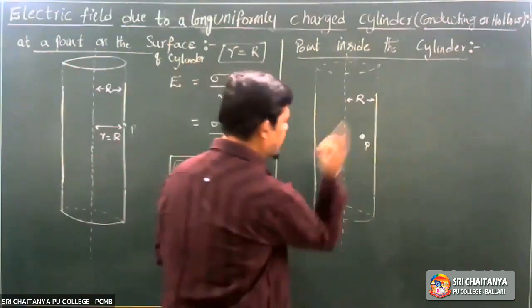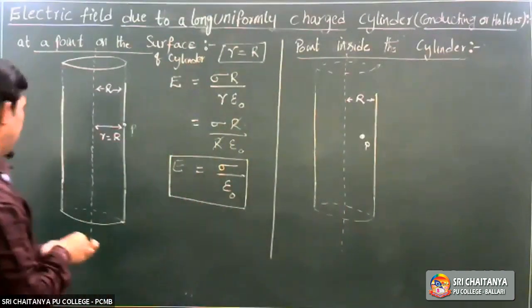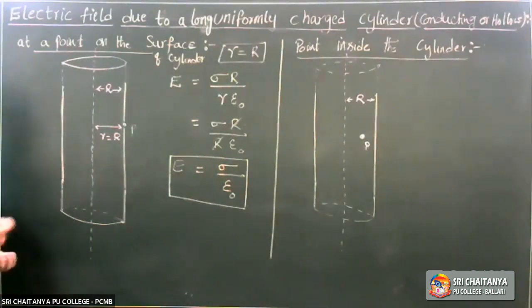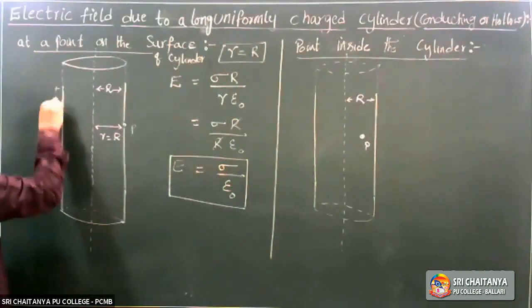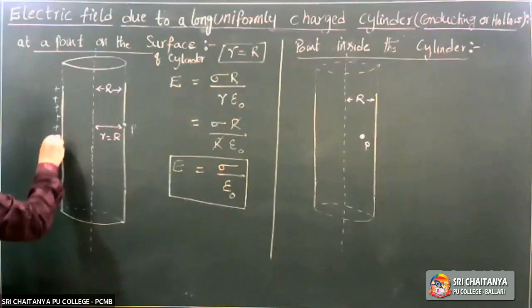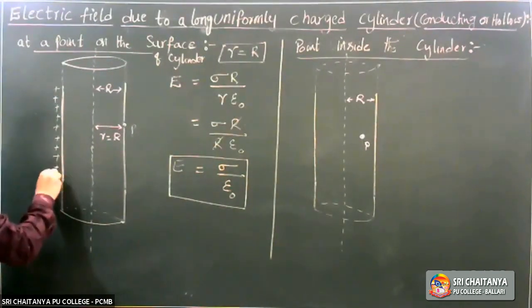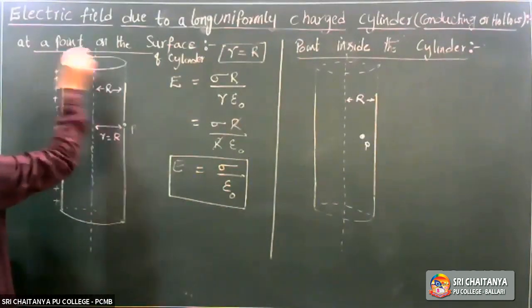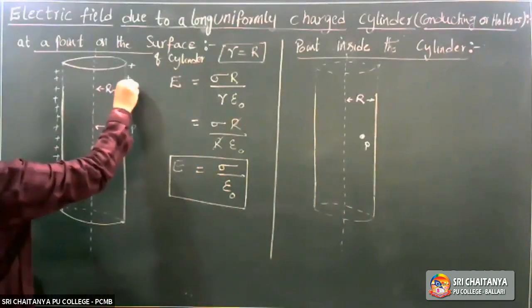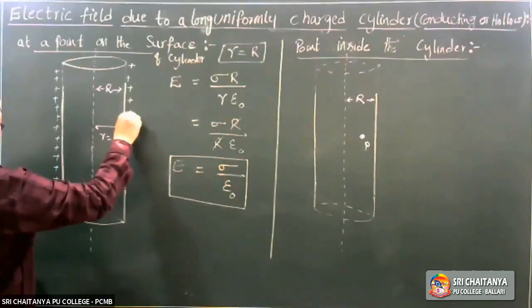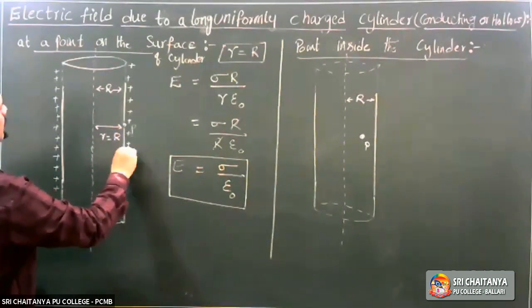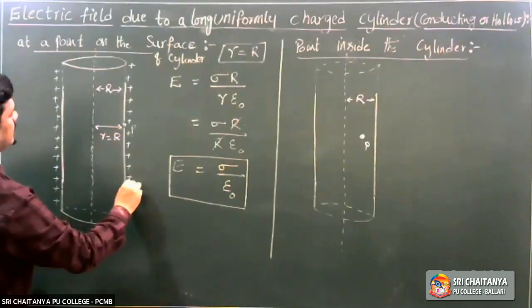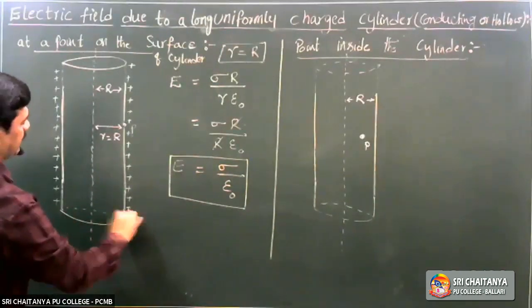If you take the point inside, whatever charge is given, the charge is distributed on the surface, right? Because the cylinder we took is a hollow or conducting cylinder, a metal cylinder.